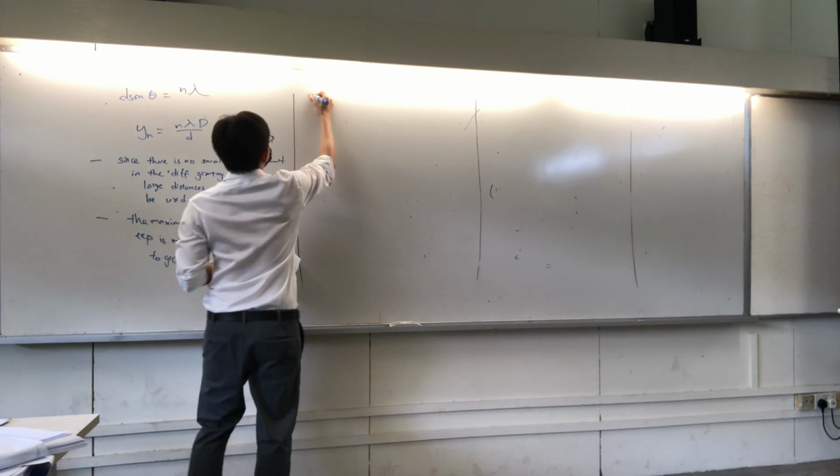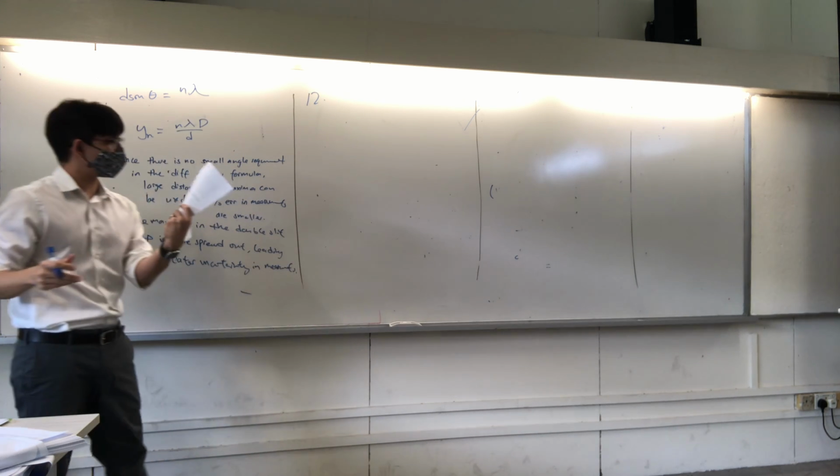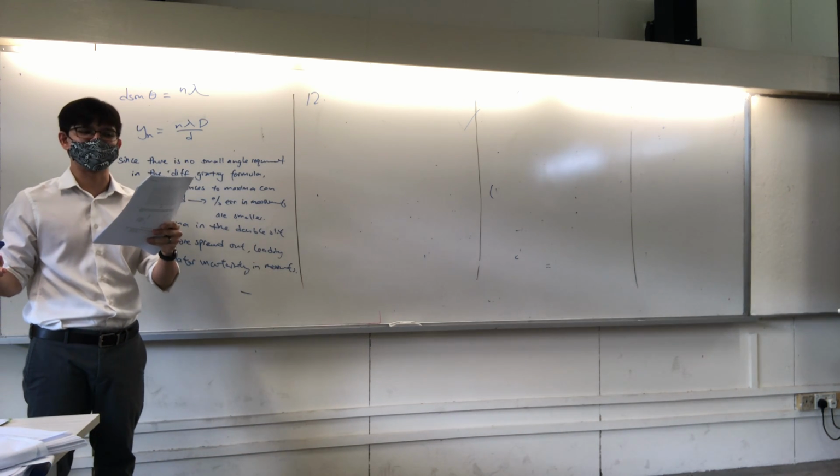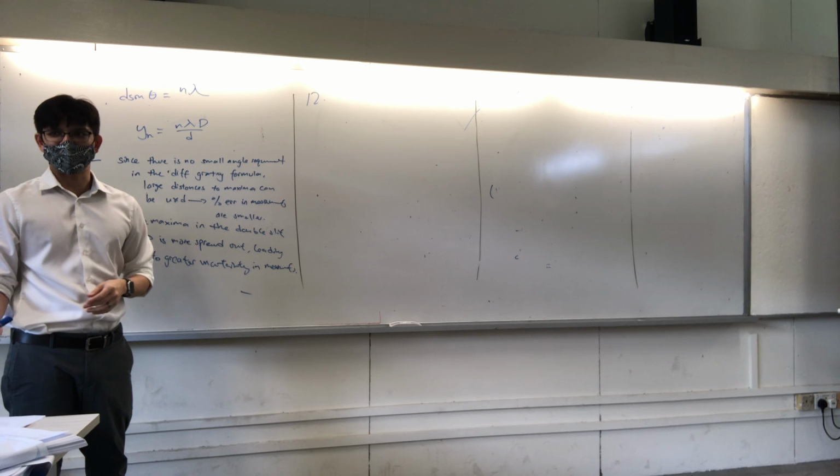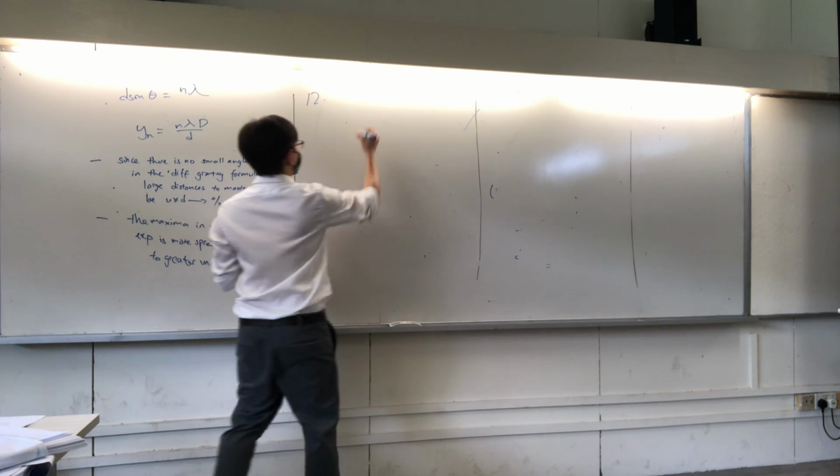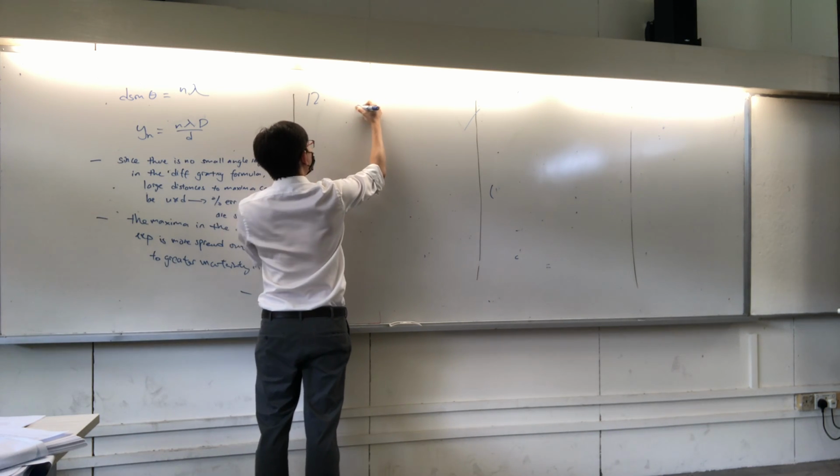Okay, so we're almost done. The last two questions are about the single slit experiment and Rayleigh's criterion. So let's do a quick recap.